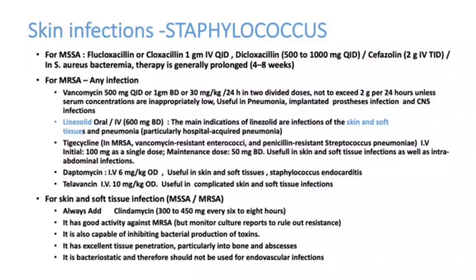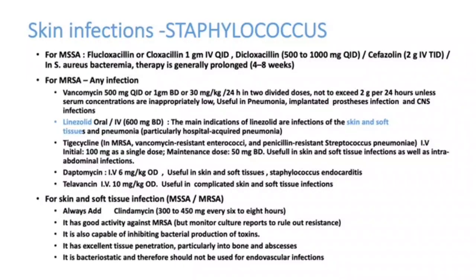If you are sure that it is only MSSA, if you have culture report, or if it is an acute infection, we are not suspecting MRSA. When the patient is going for multiple hospitals or multiple admissions histories are there, then we have to always think about MRSA. Otherwise, we can suspect MSSA in soft tissue infection and we can start flucloxacillin. Otherwise, go for linezolid in MRSA suspicion.